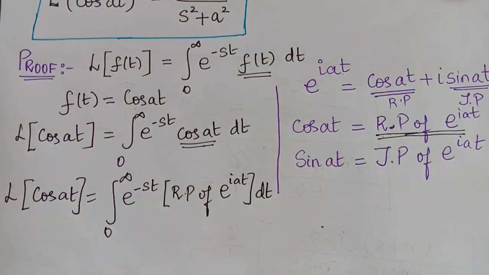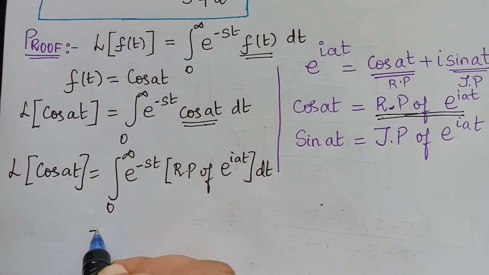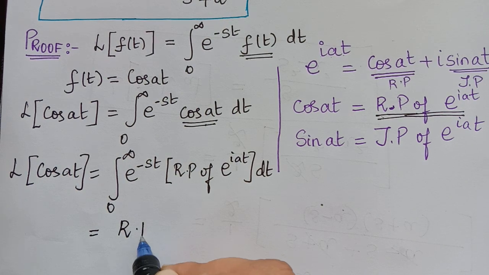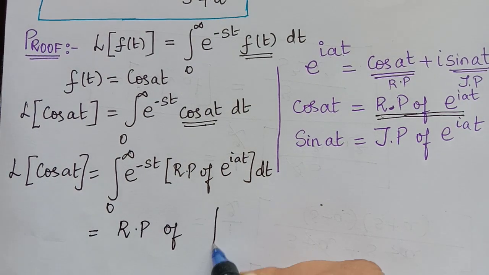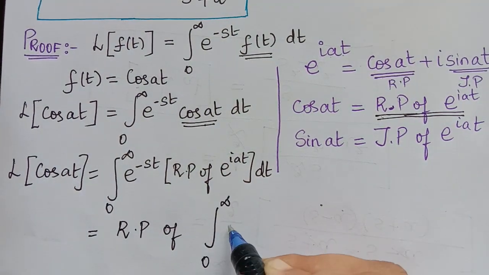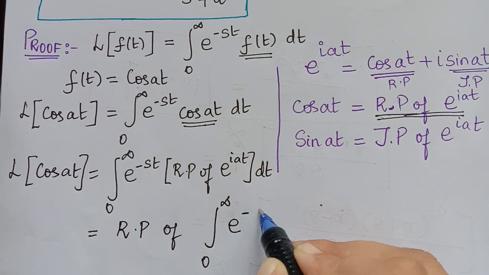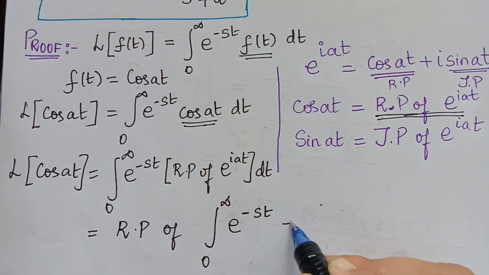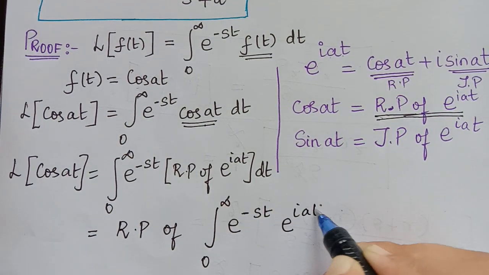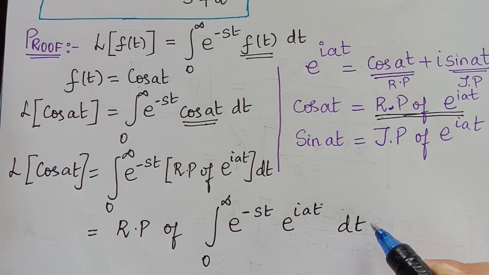Now this real part, I can write outside the integral in general. So real part of integral 0 to infinity e to the power negative st e to the power iat dt.